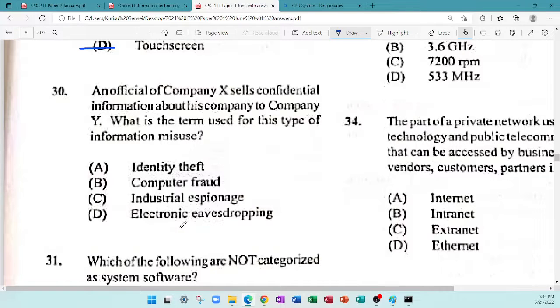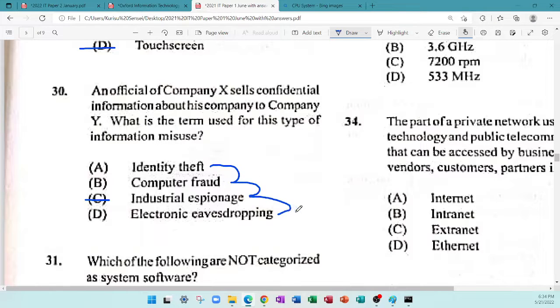Final question. An official of company X sells confidential information about their company to company Y. What is the term used for this type of misuse? Industrial espionage. Yeah, that's the most applicable one, because computer fraud is the term that refers to all of these.